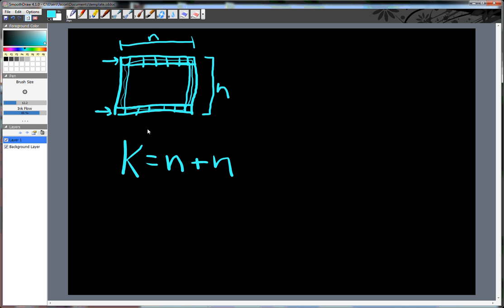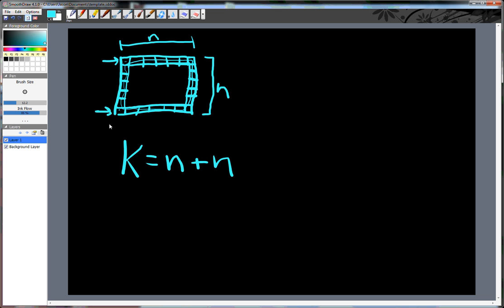Now it's unfortunately not as simple as just adding n squares along either column on the left and right. Why not? Because I already counted this square here in this end, and this square here in this end.